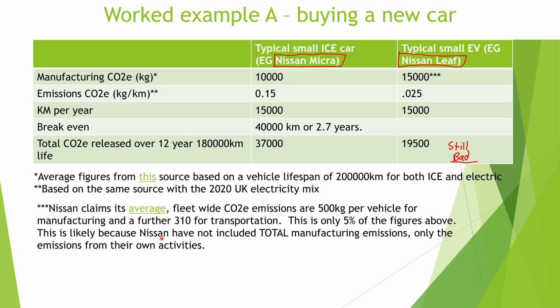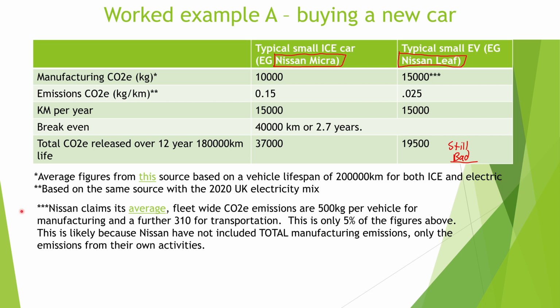Well, it's not so much what I'm doing, it's what Nissan are doing. I think Nissan have not included the total manufacturing emissions. They have only included the emissions from the manufacturing stages that take place in the factories that Nissan own. Now, Nissan, the last time I checked, is not a battery manufacturer, and it is not a steel manufacturer, and it does not produce aluminium or copper or plastics directly in-house.